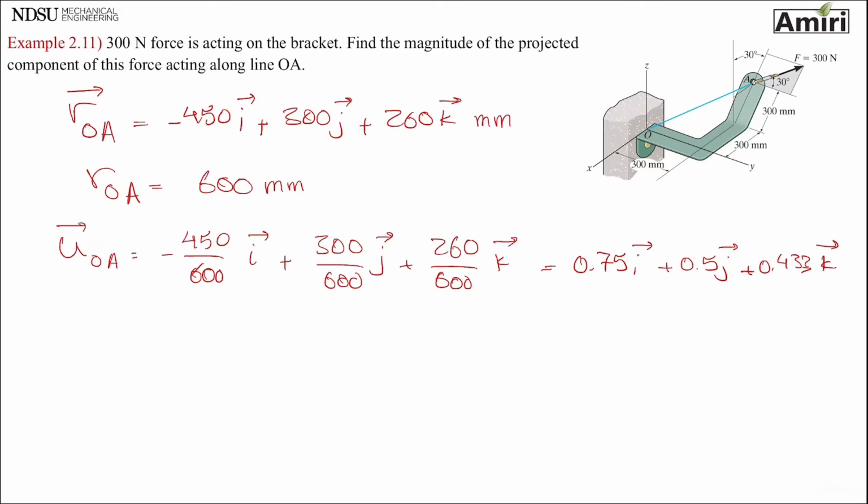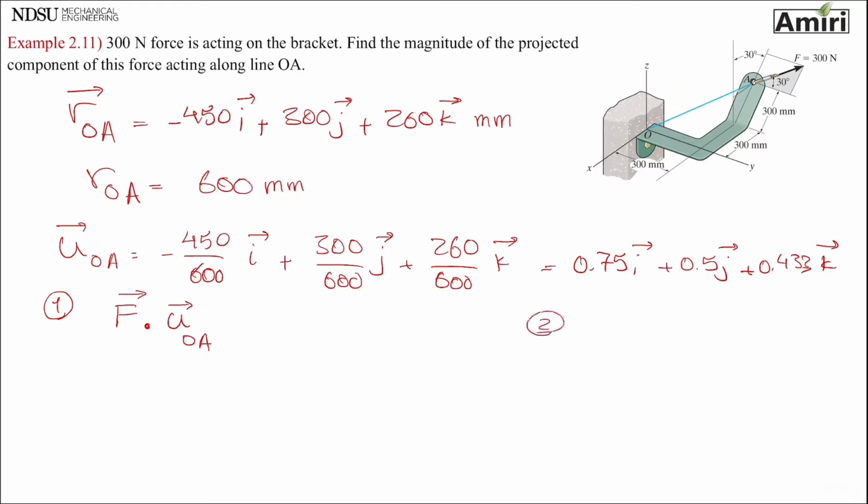Okay, so the angle. Find the magnitude of the projected component here. So I'm going to find the angle and then just use F cosine of that angle. Or, you have two options. One, find F dot product unit vector of OA.